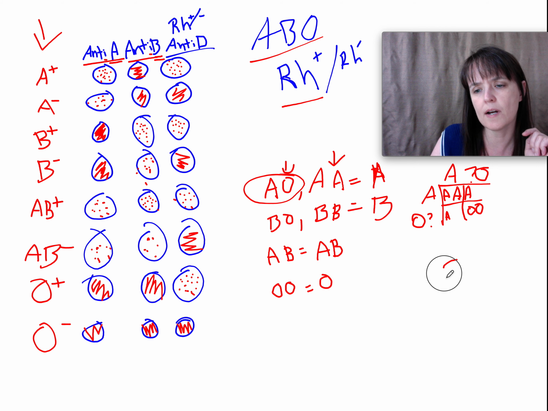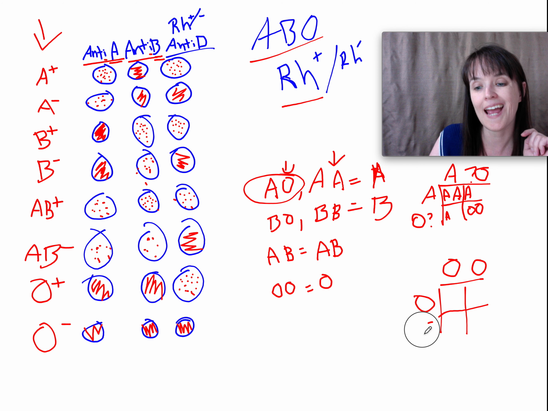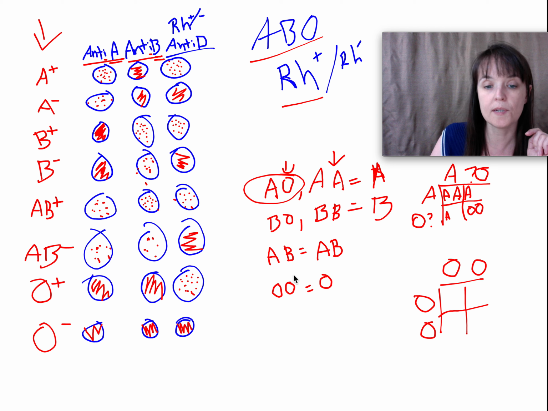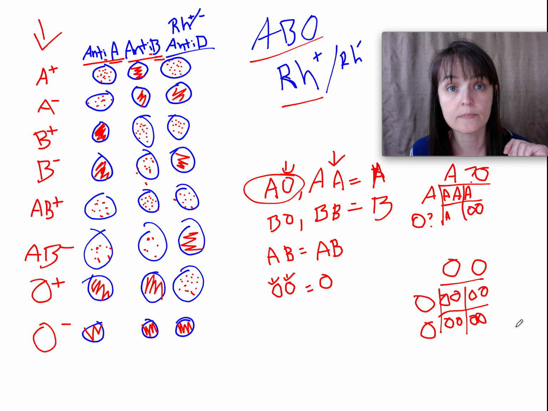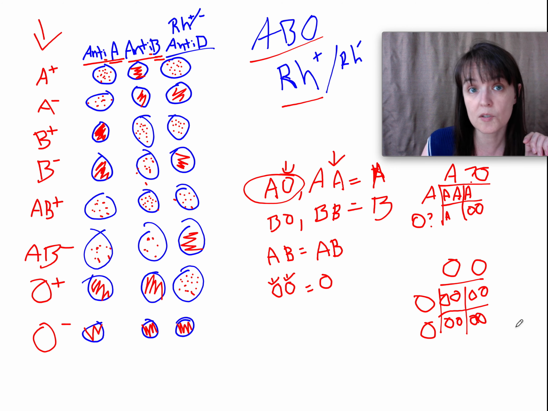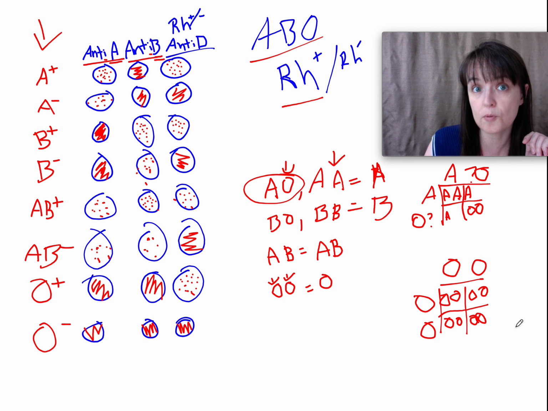Now, is it possible for two type O parents to have a type A kid? Well, the only way to be type O is to have 2 type O genes. So half of mama's eggs are going to have this O, and half of mama's eggs are going to have that O, and half of papa's sperm are going to have this O, and half of papa's sperm are going to have that O. So no, it is not possible for 2 type O individuals to have type A kids.